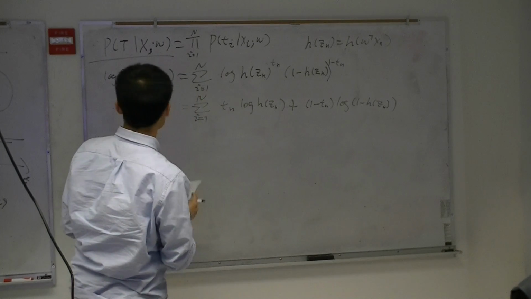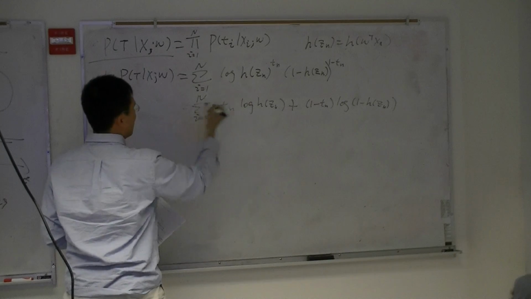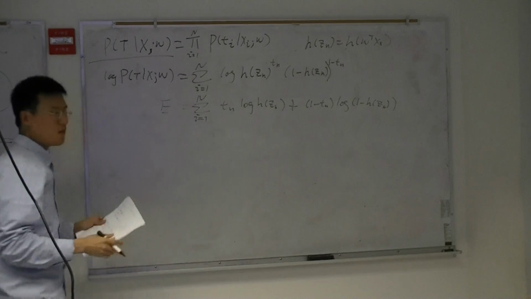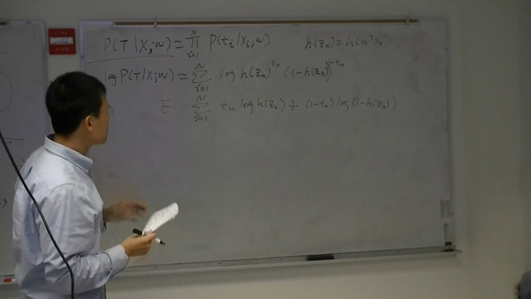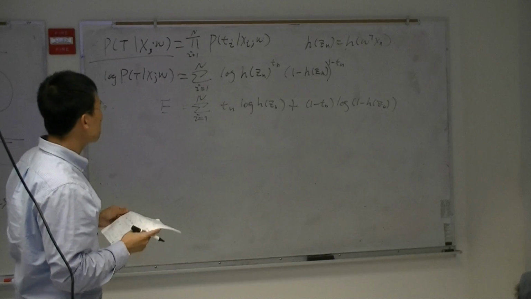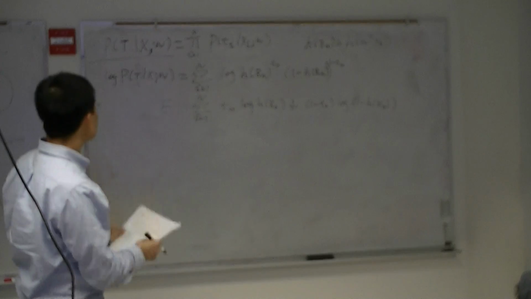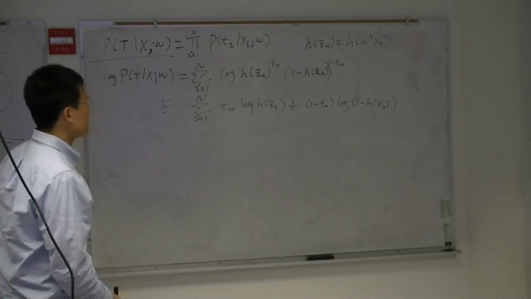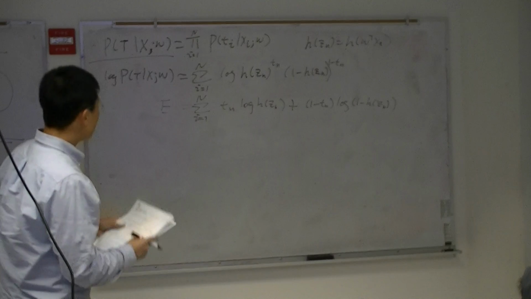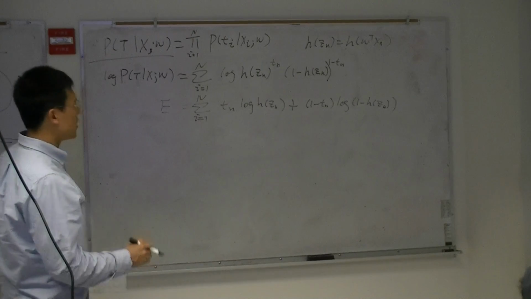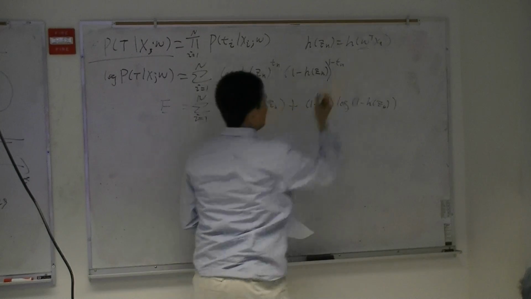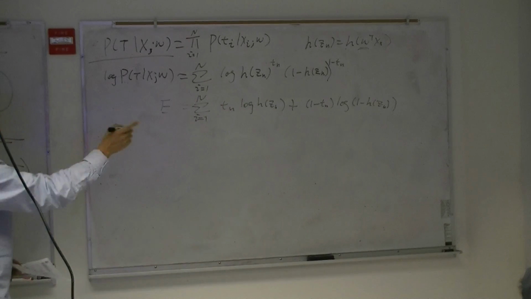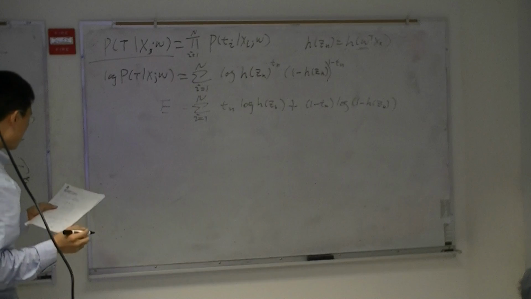We define this term as the error function of the original linear regression function, and we try to maximize this function. So we just simplify and take the first order derivative with respect to all the parameters and set it equal to 0.